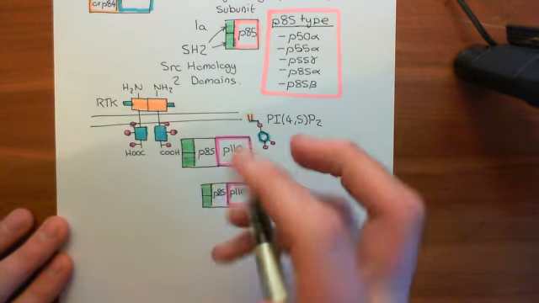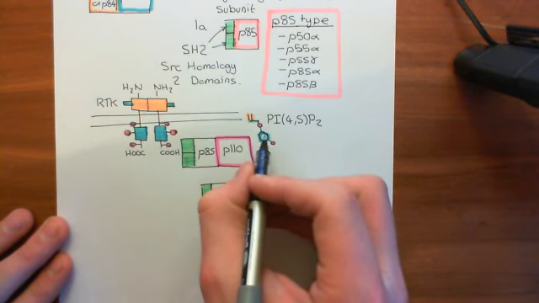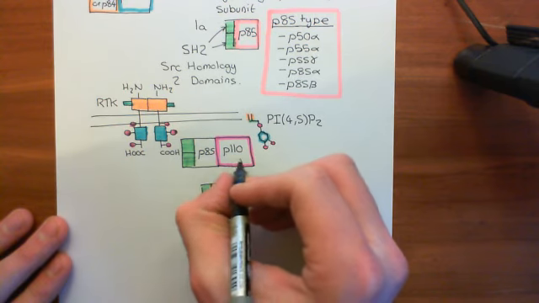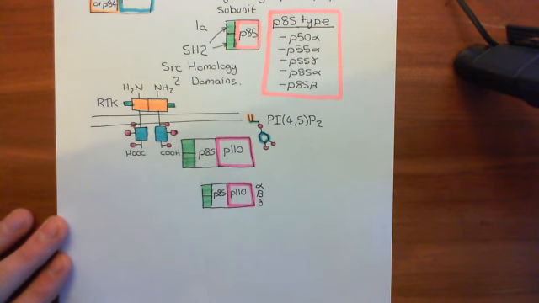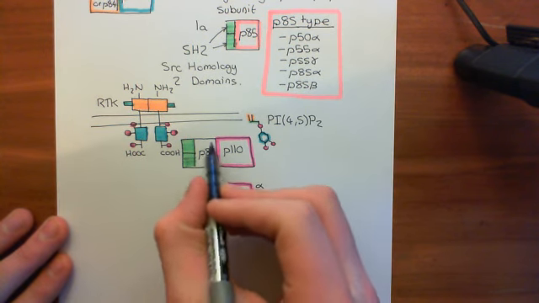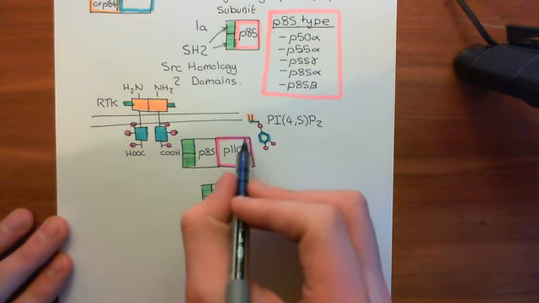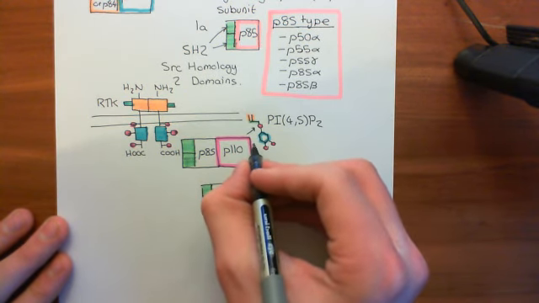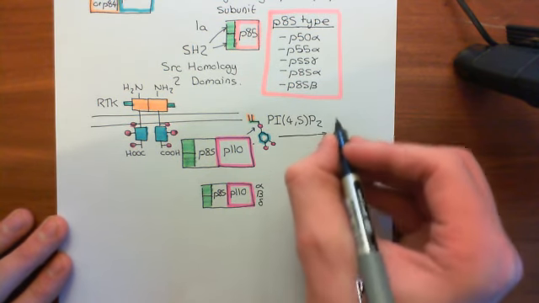They're both going to work together to mean that this P110 is now going to start converting PI45-bisphosphate molecules into PI345 trisphosphate molecules. Because of the translocation from the cytoplasm to the underside of the phospholipid bilayer, and because of the change in the interaction between the P85 type regulatory subunit and the P110 catalytic subunit, P110 is now going to gain catalytic activity, and it's going to work on the PI45 bisphosphate molecule and phosphorylate it.